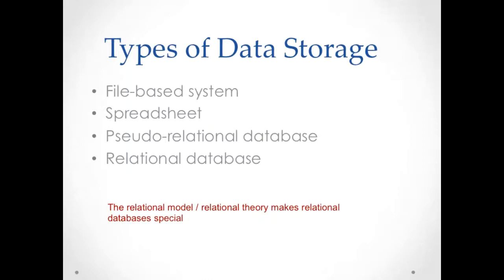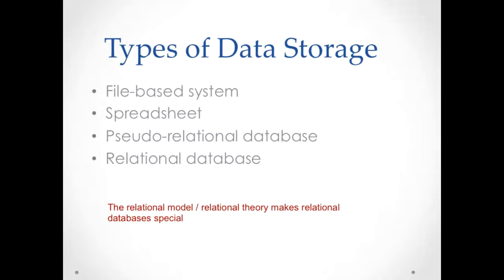A spreadsheet provides a little more structure in that there are rows and columns in a spreadsheet, although general spreadsheets really don't enforce any kind of rules. You're on your own to enforce some of the rules that we're going to talk about a little later today.